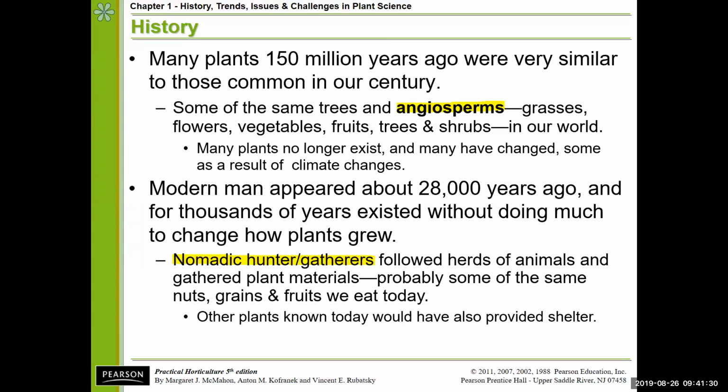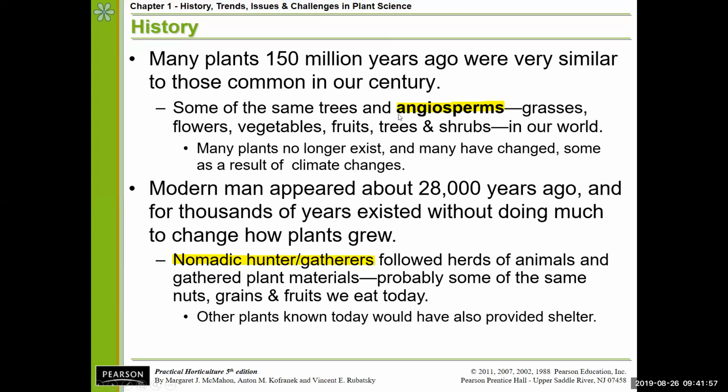Really, if we think about it, many of the plants evolved before humans had anything to do with them. Many of those plants 150 million years ago are very similar to what we have today, the wild plants. It's the cultivated plants that we've changed. I'll mention the term angiosperms, which basically means the flowering plants.